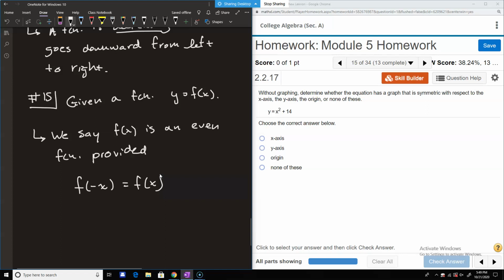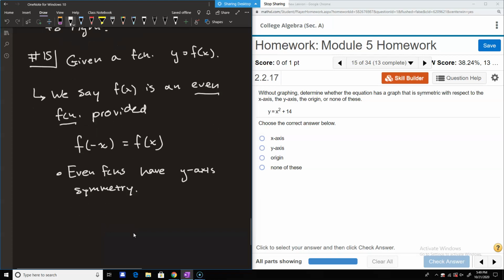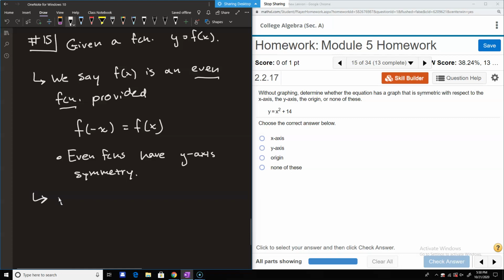And it would be an odd function. So, well, let's also specify even functions have y-axis symmetry. And then we say f of x is an odd function provided... So you still plug -x into the function, but you don't get f of x out.